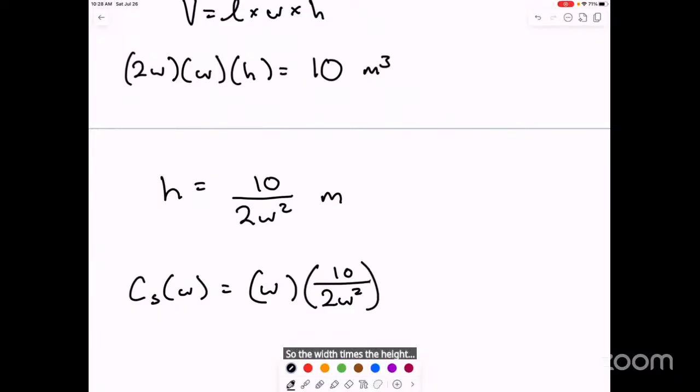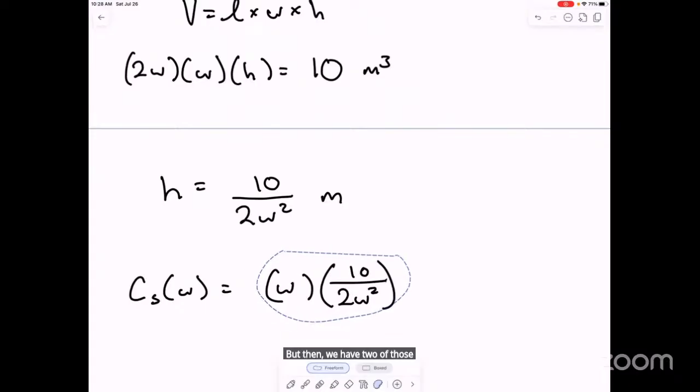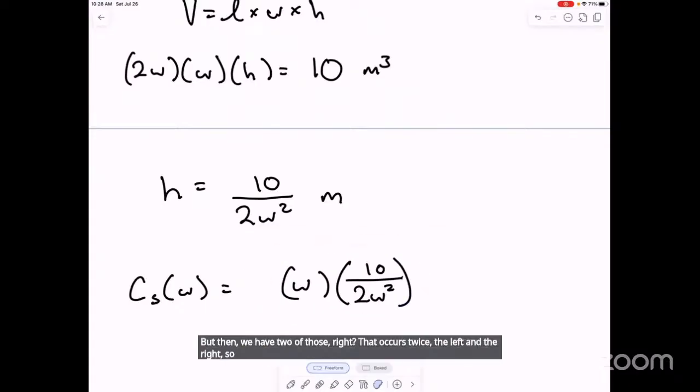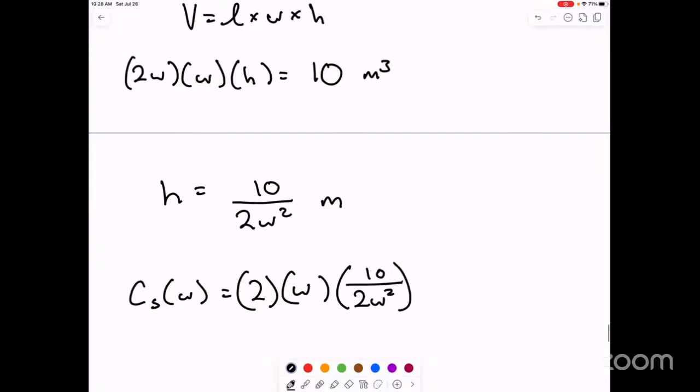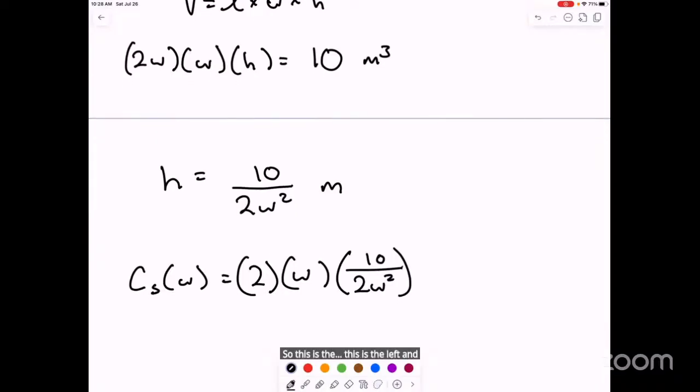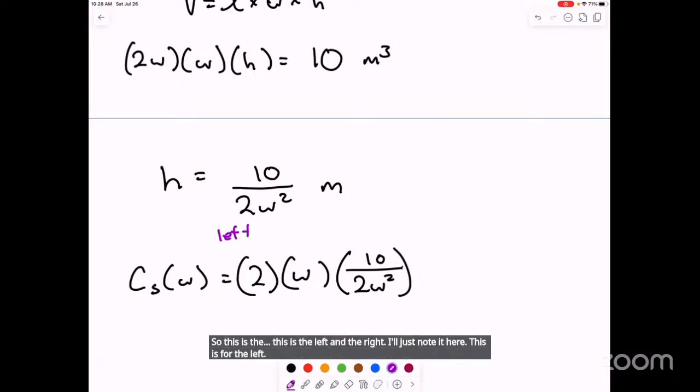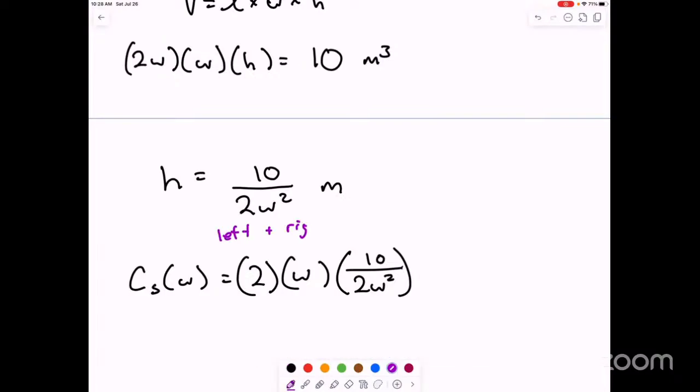But then we have two of those, right? That occurs twice, the left and the right. So we're going to say times 2. So this is the left and the right. I'll just note it here. This is for the left and the right. That's where this comes from.